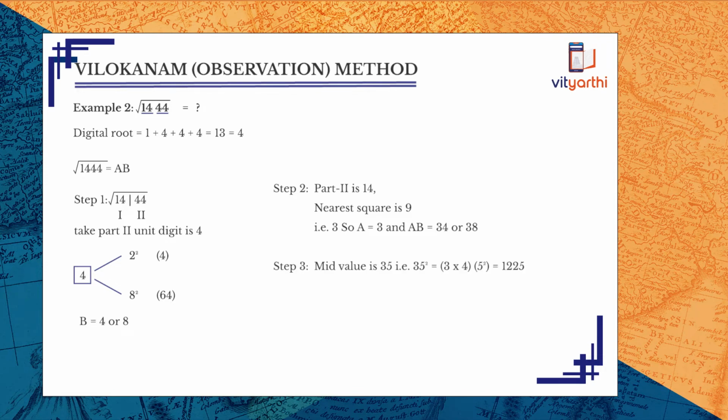The mid value of 34 and 38 is 35. And 35 square is 1225. 1225 is less than 1444. Hence we can say that the root of 1444 is 38.